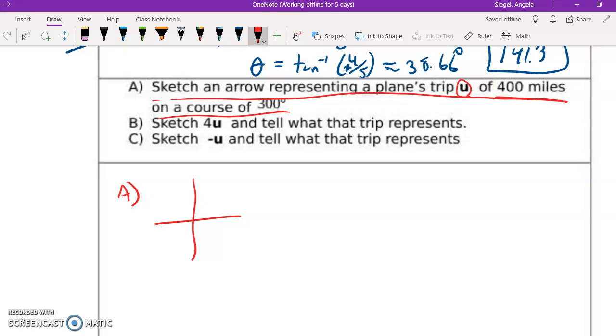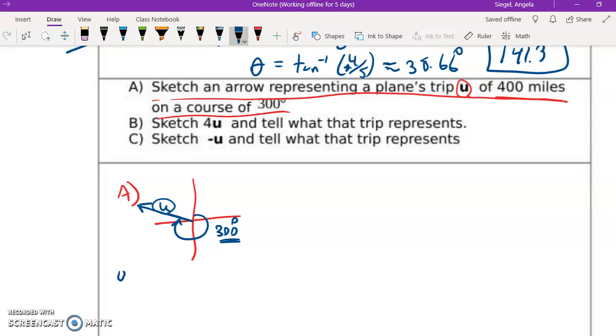Okay, so 300 degrees, let's call that right there. Okay, so this is 300 degrees, and this is our u. Okay, so our u is representative of 400 miles on a course of 300 degrees.